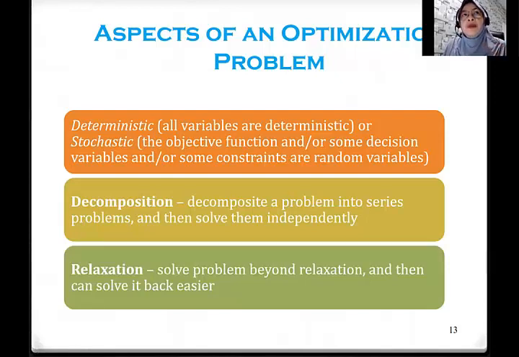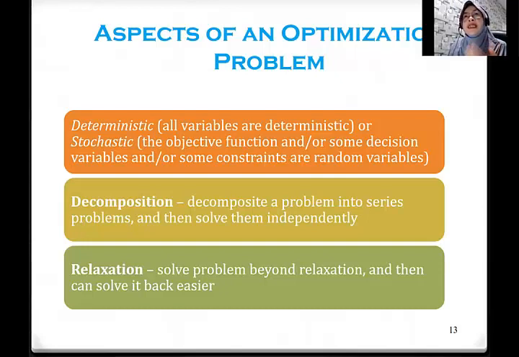Okay, why do we decompose the problem? Because some problems are very difficult to solve in one go. So we make it simpler by breaking the problem into sub-problems, or decomposing it into a few sub-problems. Then relaxation: solve the problem beyond relaxation and then we can solve it back more easily.